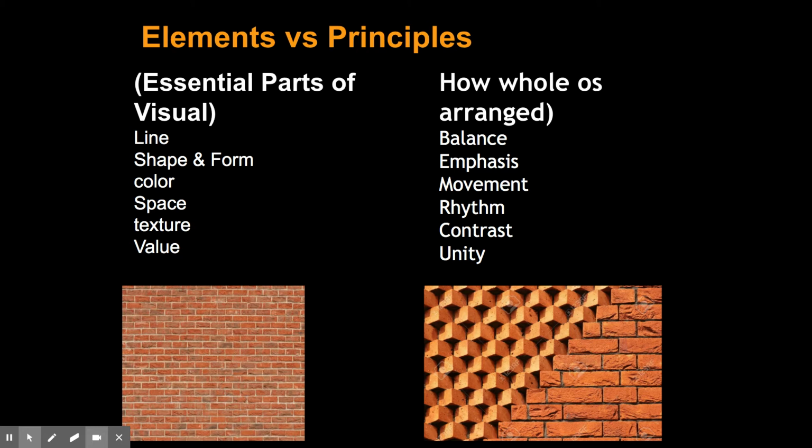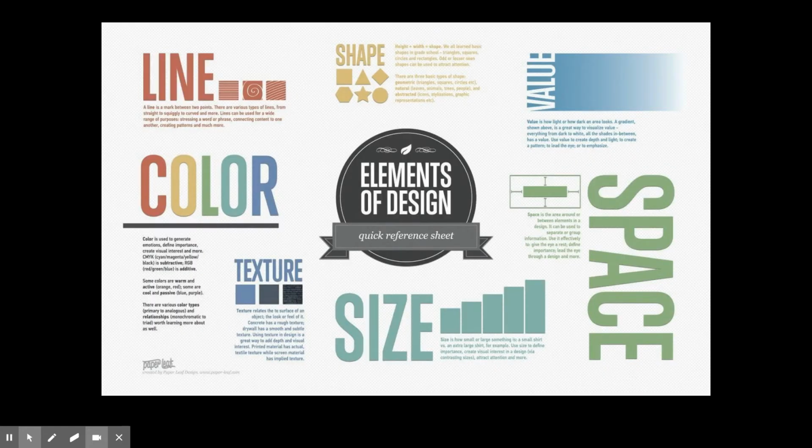I would say here that there's movement, there's contrast, and so on and so forth. So you can see that elements are those basic things that have to be here, whereas principles are sort of the aesthetics, how those can be arranged in pleasing ways. So again, those are the elements.